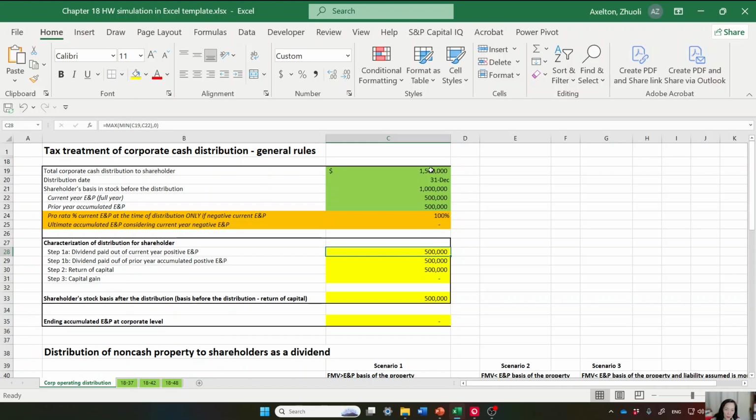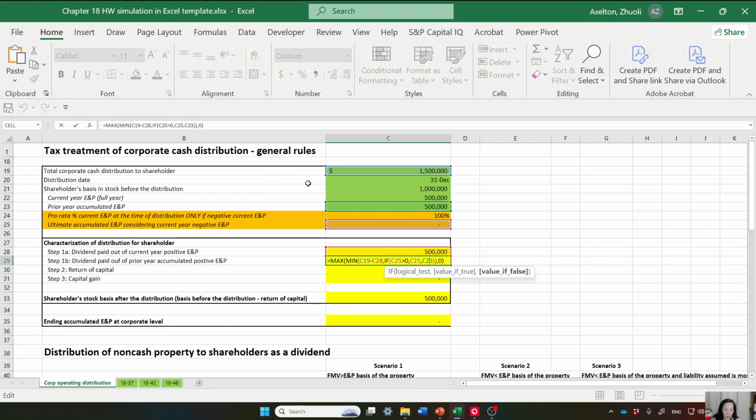I have a 1.5 million cash distribution, and first I compare this distribution against the current year E&P. The smaller of the two goes to the current year, step 1A. After this allocation, I still have 1 million to allocate, so I'm going to go to the next step.